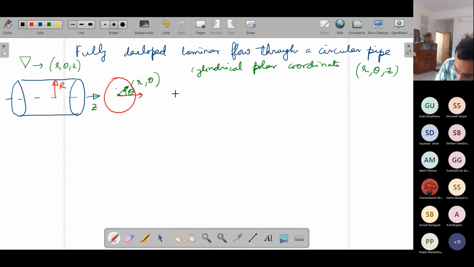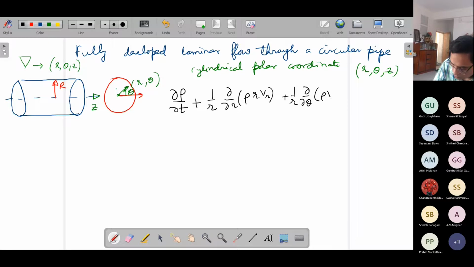So I'm just writing the continuity equation. So this is the continuity equation.